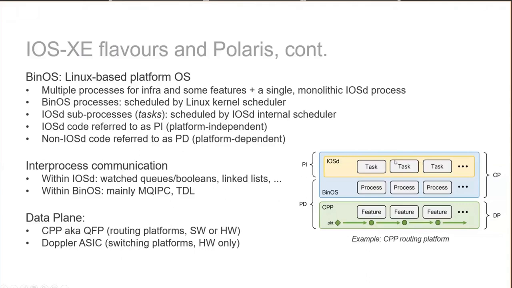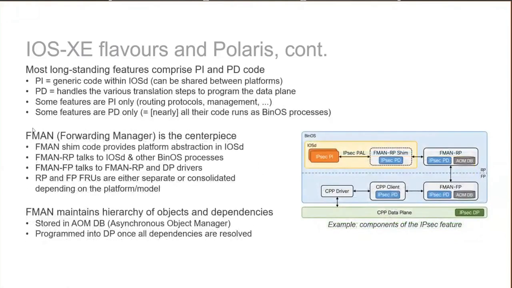This is what I was telling. So whatever processes are running within IOSD, we call it PI, platform independent. The other processes apart from IOSD running within the Linux kernel itself, they can be called as platform dependent, and CPP function, the processes that are running within the data plane, they can also be termed as platform dependent, since they depend on what platforms we are using. So again, continuing on this, PI is generic code within IOSD.